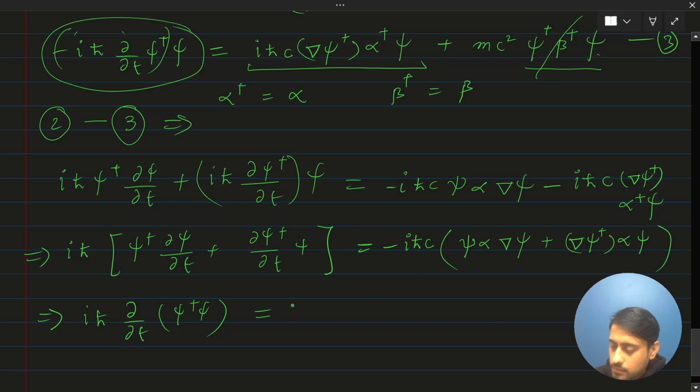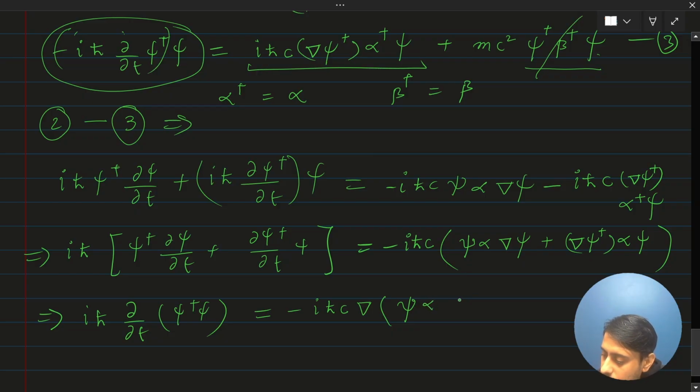Now let's see what simplification we have done already. If you closely see this, you will find that this can be written as minus iħc and the gradient of this term ψ† α ψ.